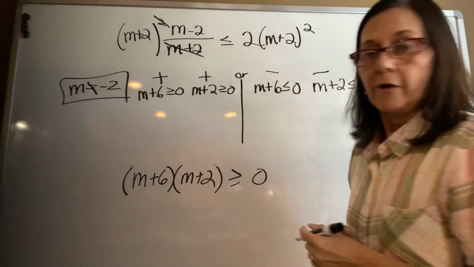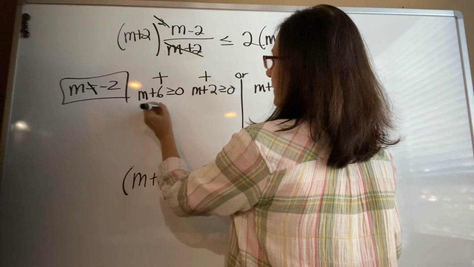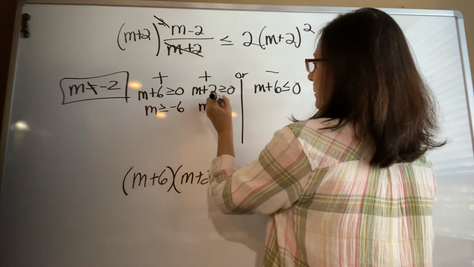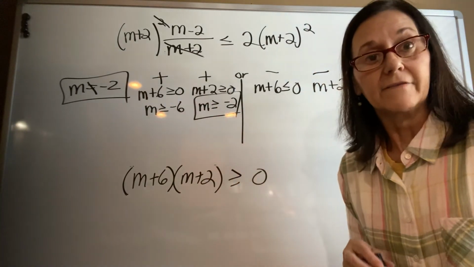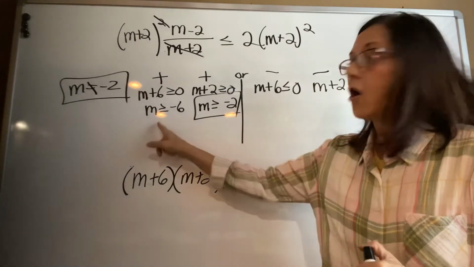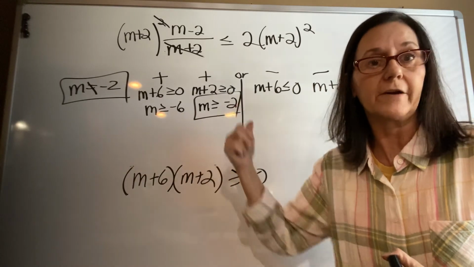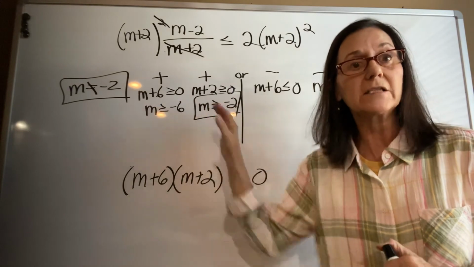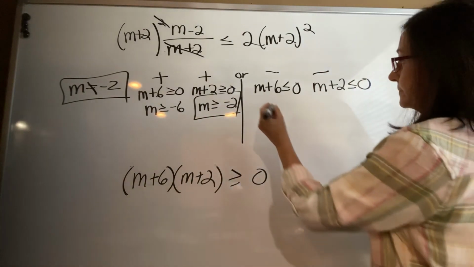Solving for m: m greater than or equal to negative 6, m greater than or equal to negative 2. Negative 2 is bigger than negative 6. Every number greater than negative 2 is also greater than negative 6, but not every value greater than negative 6 is greater than negative 2. So that's why on the greater than side, you're choosing the largest number.